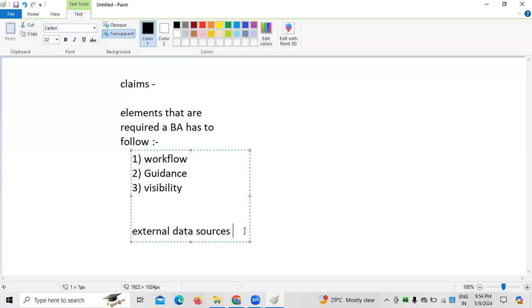So these are the major elements we have to perform if you are a business analyst from the Claims Center point of view. Because when we are applying for jobs, there is no guarantee that all three modules are required for every job profile. You may see job profiles like Guidewire Business Analyst required in Policy Center.